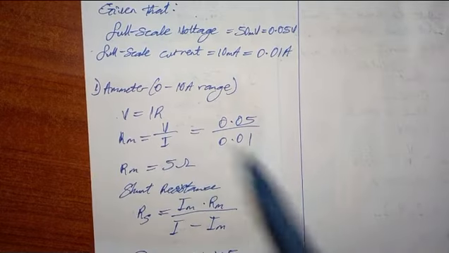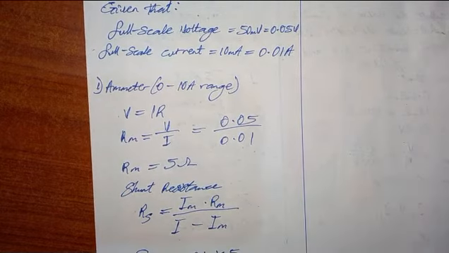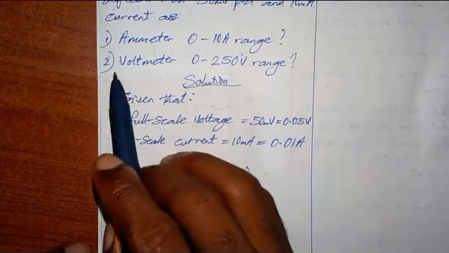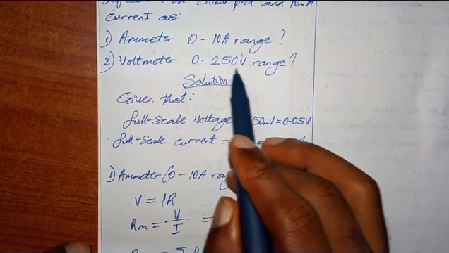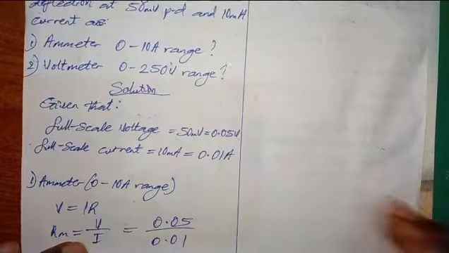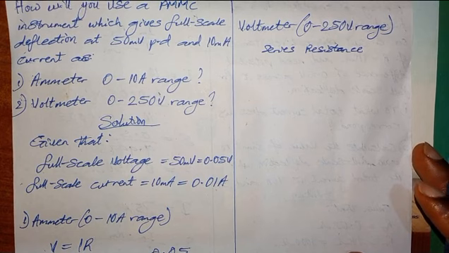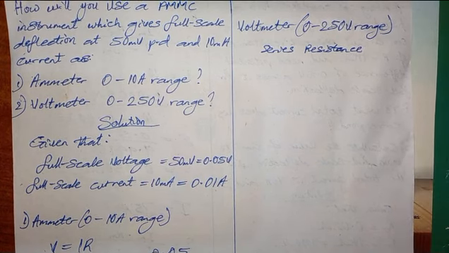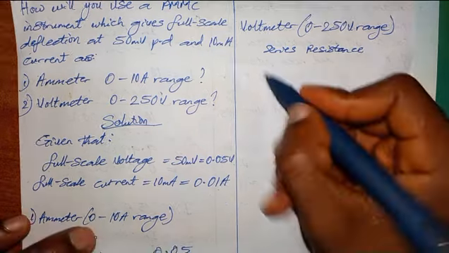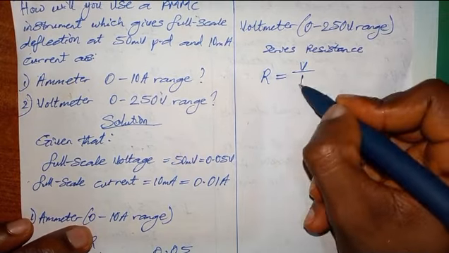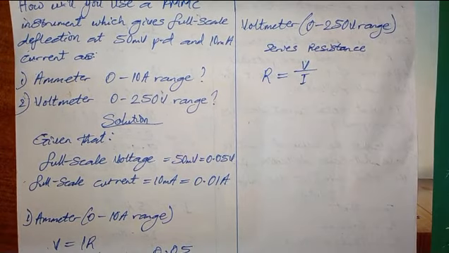So moving to the second one. Okay, here is the voltmeter, 0 to 250 volts. So we are going to solve for the second one, which is the voltmeter 0 to 250 volts range. For the total resistance, R will be equal to V over I. Anything about electrical is not too far from Ohm's law.